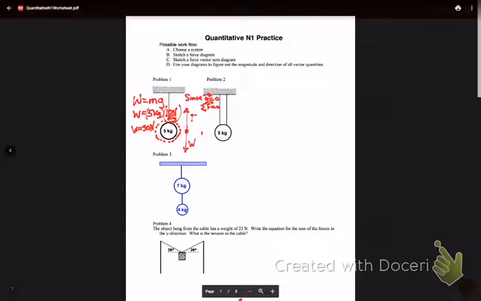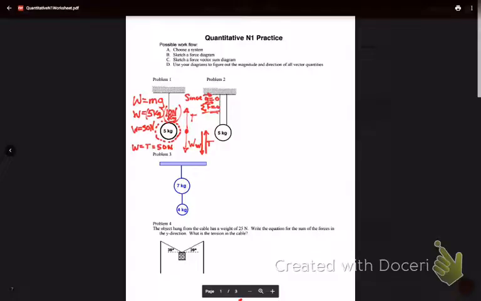So if I place my vectors head to tail and I actually add them, I'll see that weight going down, tension going up, these forces add to 0, right? So weight down, tension up, they have to be the same exact magnitude. So weight equals tension equals 50 newtons, okay? That would be problem 1.